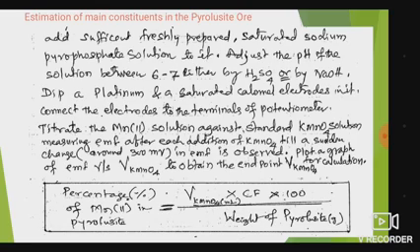with the help of H2SO4 and NaOH. Dip a platinum and standard calomel electrode in it and connect the electrodes to the terminals of the potentiometer.